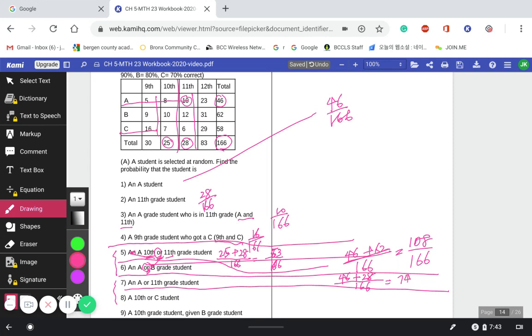Now, 10th or C also has a common area. So for number 7, you take away the common area, A and 11. A and 11 is 10, right? So you have to take away 10 here. So minus 10 would be 64 out of 166.